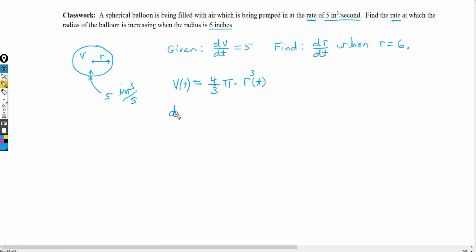So we then have dV/dt. Differentiating both sides with respect to t, we get this. I just pulled the 4/3 pi out in front of the d/dt. And so we then get V prime of t.